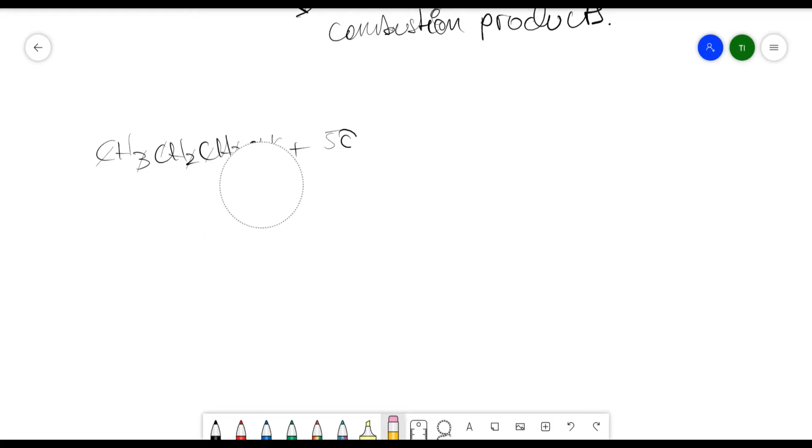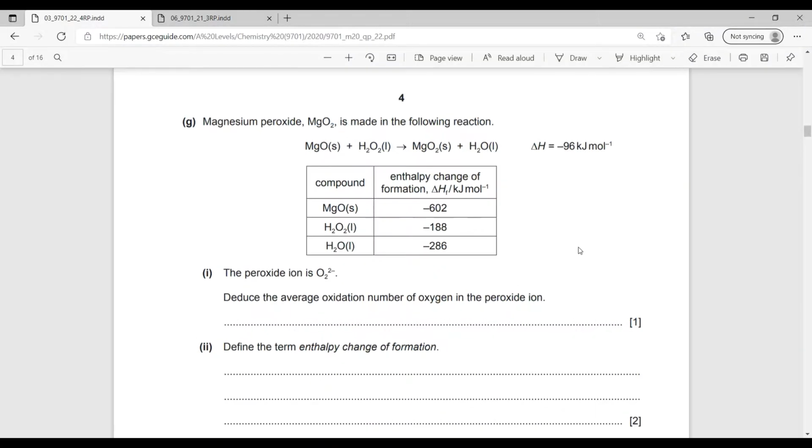So now let's move on to a few past paper examples. Here I have two past paper examples of what we've covered in this lesson, right? I'll just solve them on the screen.